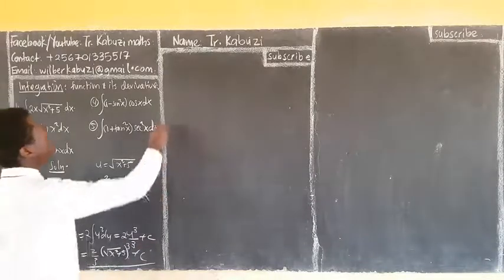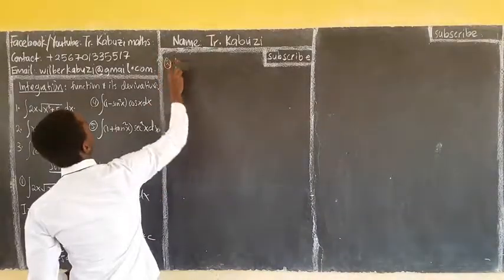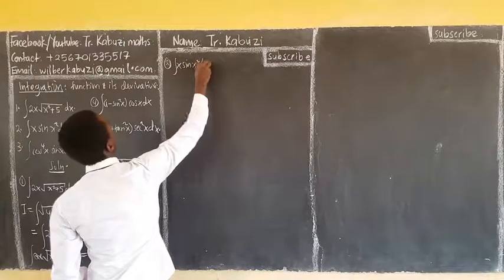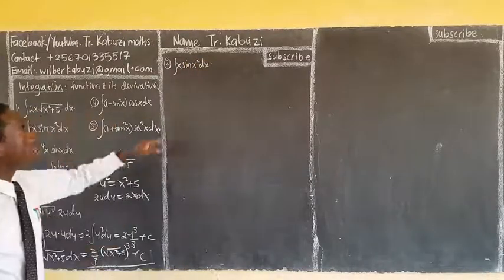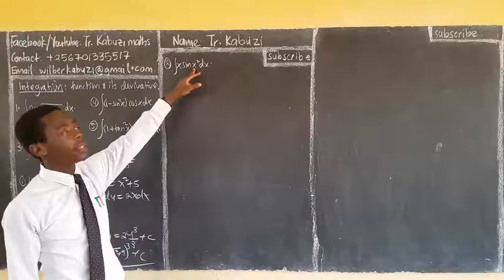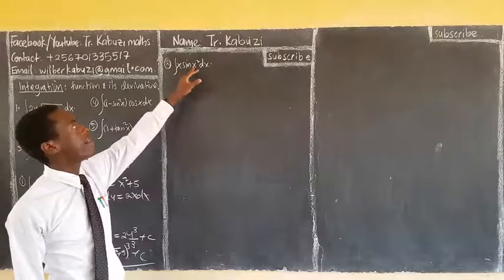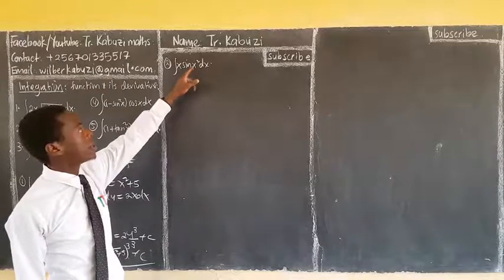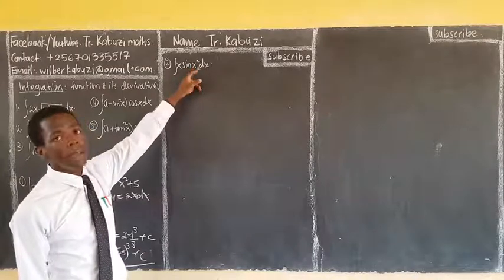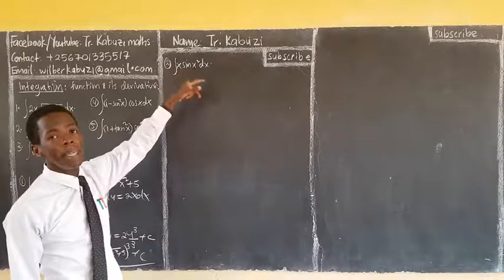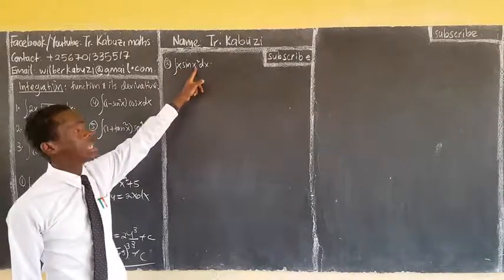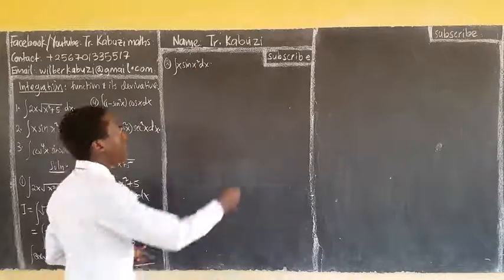We come to number 2, where we have integral x sine x squared dx. Here, it's hard to interpret if the sine is having a quadratic function as its angle. So remember, we always remove this by letting it be a linear function, because we have seen that if you have a linear function as the angle, it's easy to integrate.